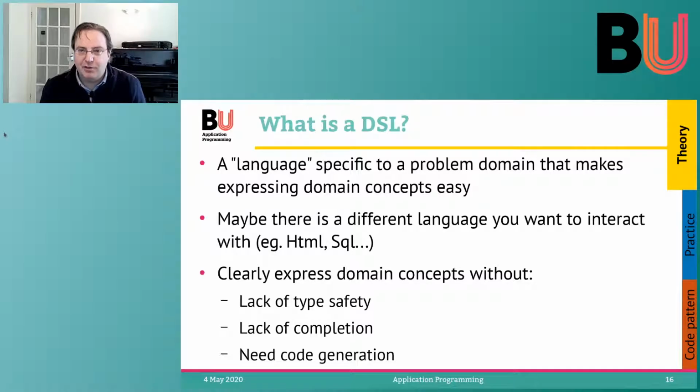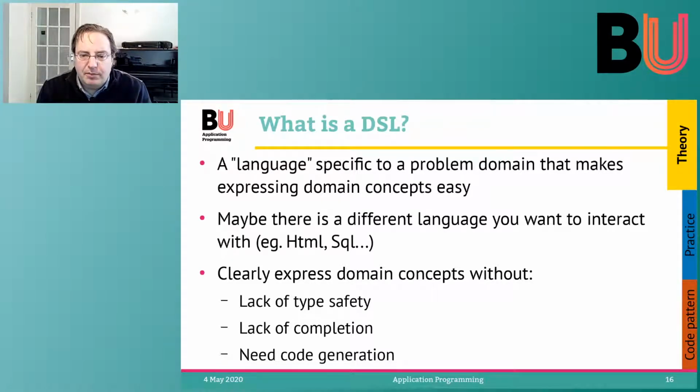Where do you use it? For example, if you use SQL in many languages, or HTML when you generate HTML. But the disadvantage of that is that you don't have any type safety, you don't have any completion. You might need to do code generation as well.